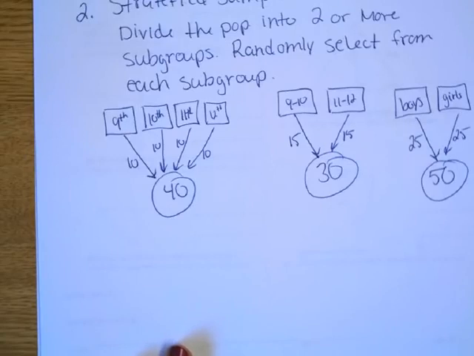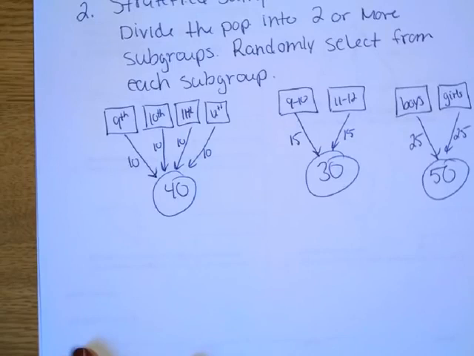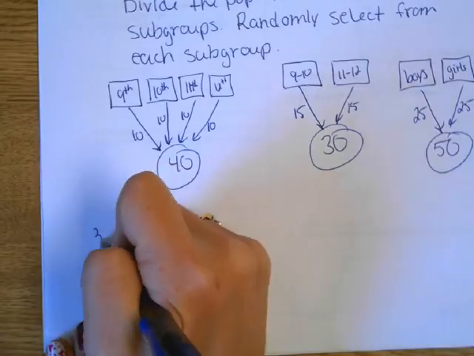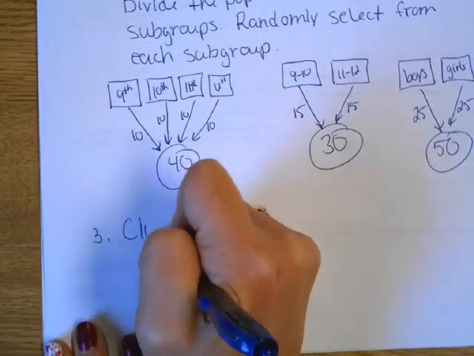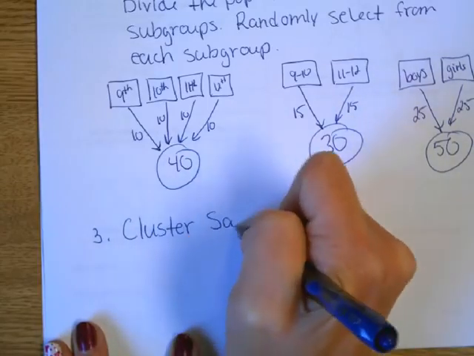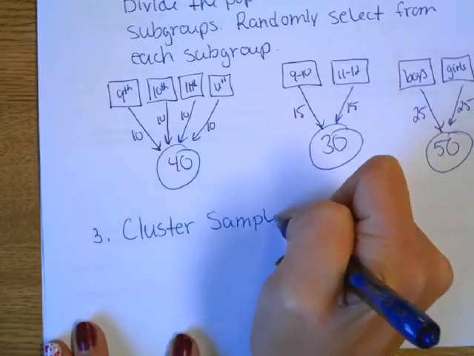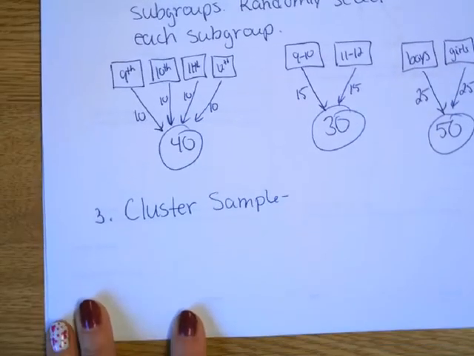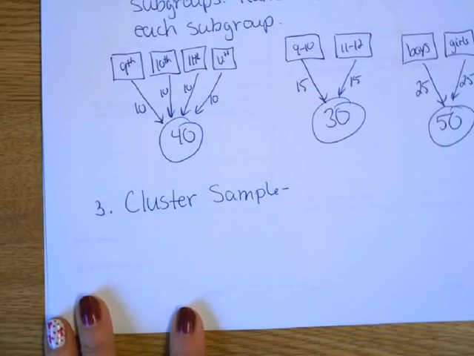Okay, stratified gets confused with cluster sample. Are you ready for cluster sample? Number 3. Cluster. So you have your population divided into subgroups.